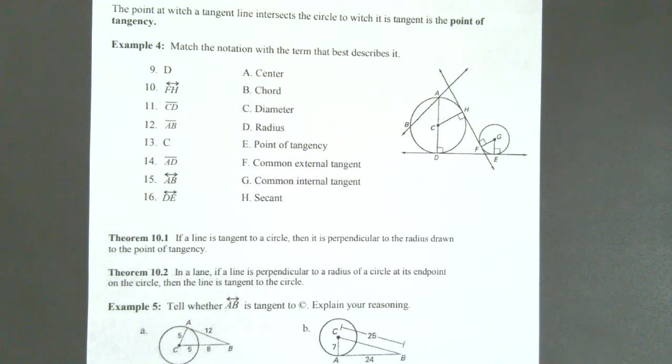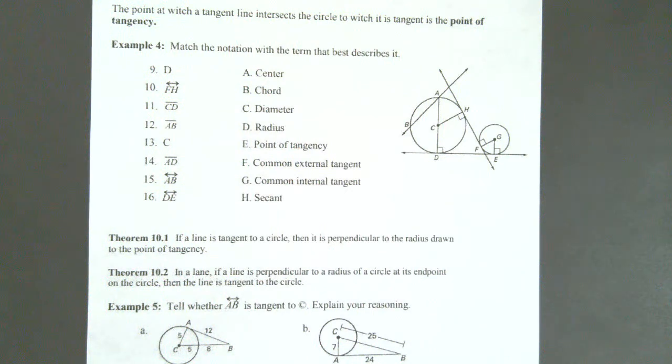13, I hope everybody got 13 right. 13 is the center. C is the center, so that'd be letter A. 14, segment AD. That's the distance across the circle through the center. That's a diameter. So that'd be letter C. 15, line AB that passes through the circle.